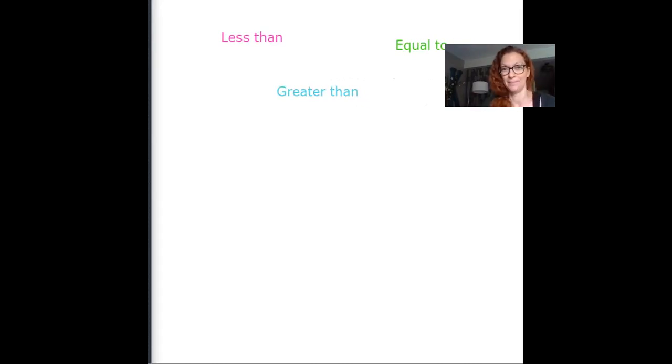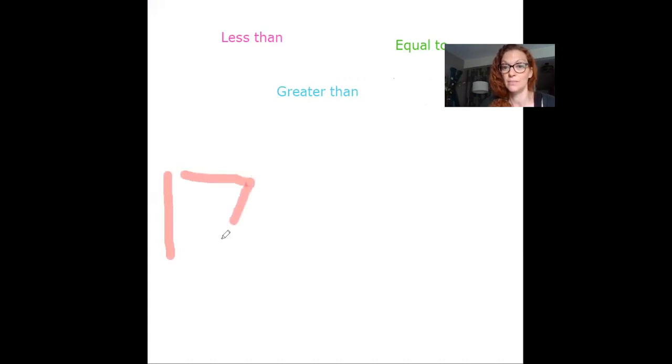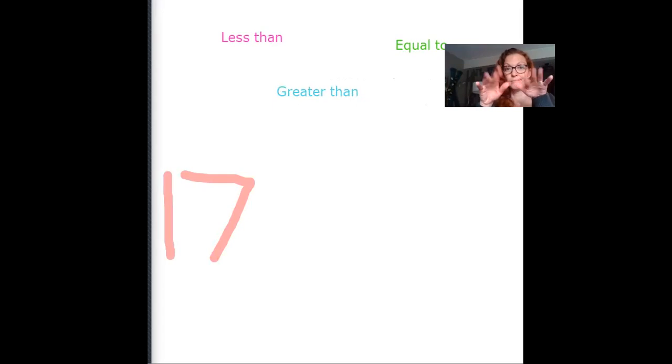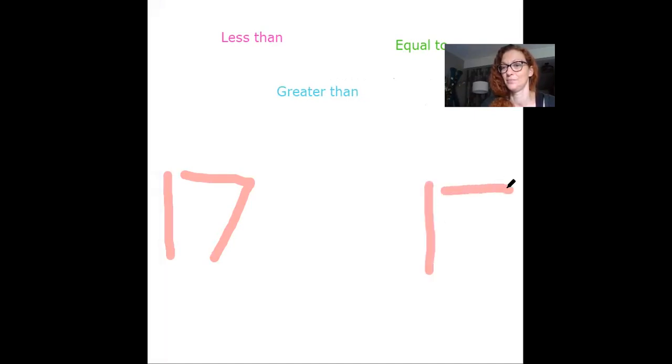What number is that? Nice work, 17. Write it down, friends. All right, next spinner. Go. All right, write down 17. So now we need to look at what place, the ones place or the tens place.